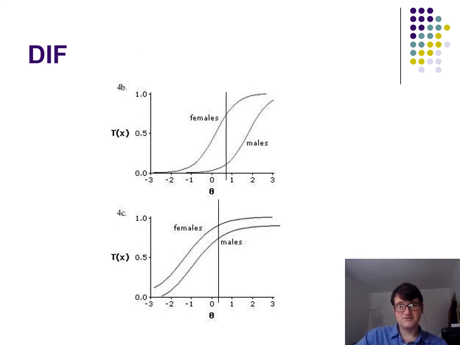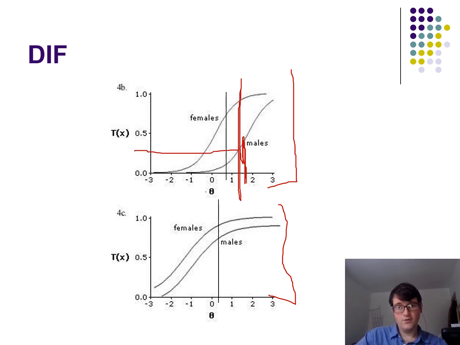And this is just a demonstration of what this might look like. Both of these images show differential test functioning. So you can see here that for persons of the same ability level, which is this theta here, males have a much lower probability of answering this correctly than females of the same ability. And the same thing goes here.